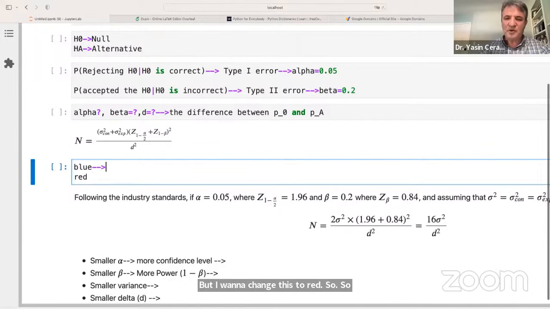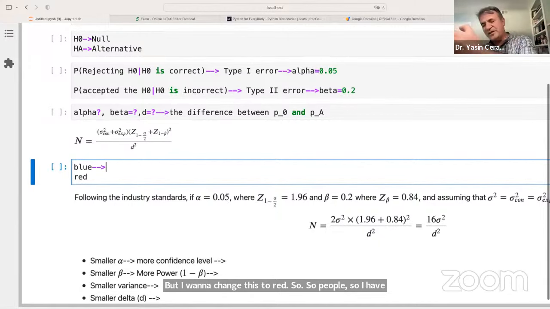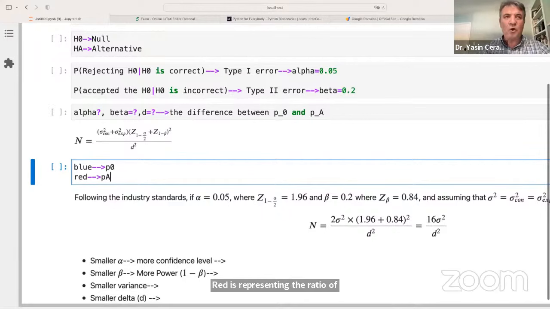So I have two groups of people. The first group are taking the blue button website. The second group is taking the red button website. So P0 is representing the ratio of people who clicked on the blue button in that group. PA is representing the ratio of people who clicked on the red button.